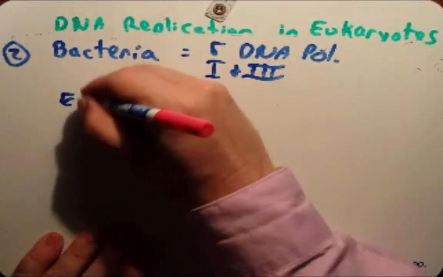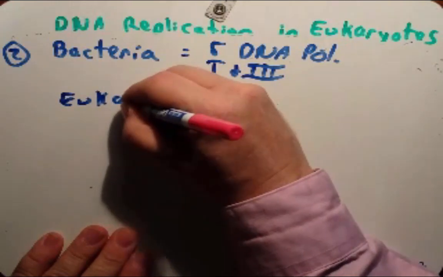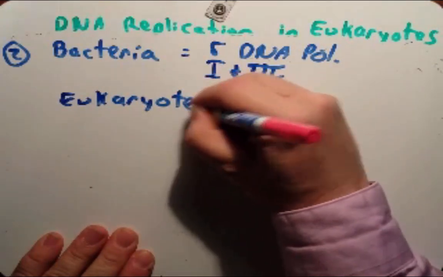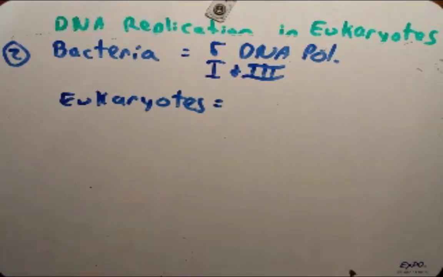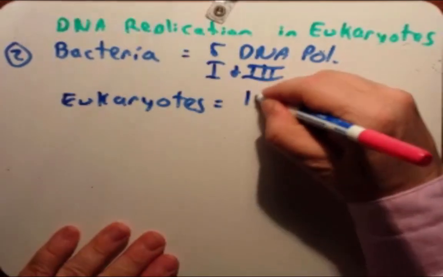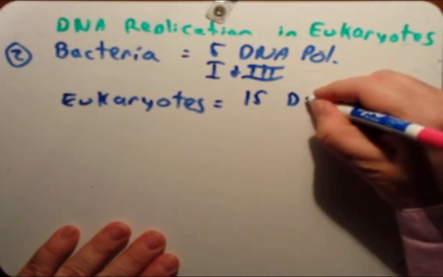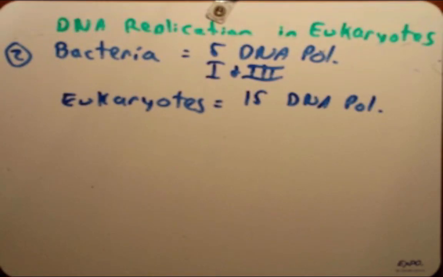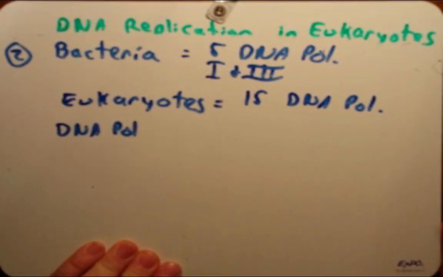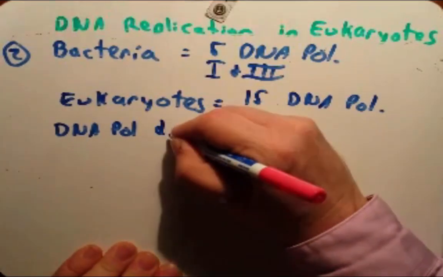In eukaryotes, there are at least 15 DNA polymerases. You're not going to need to know all of them. If you look at your note-taking guide, I listed 5 that you needed to know. These include DNA polymerase alpha.